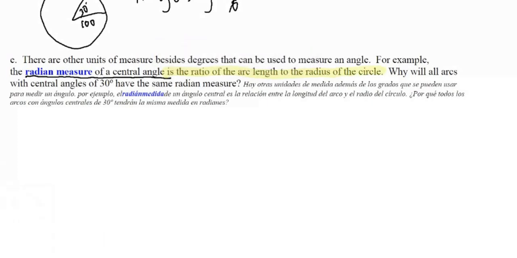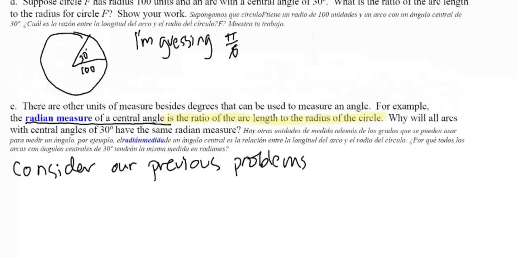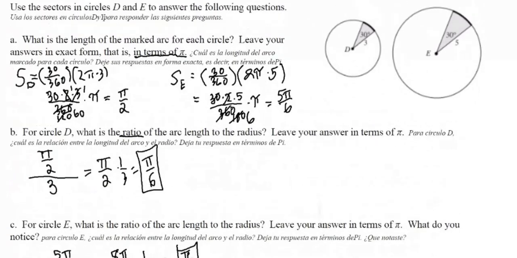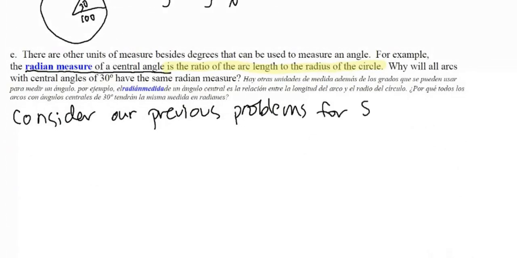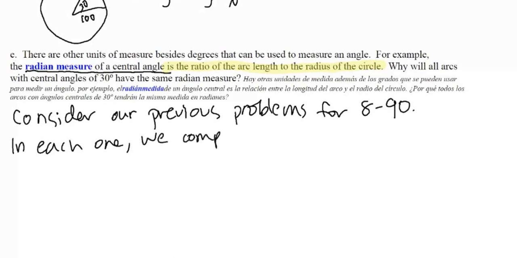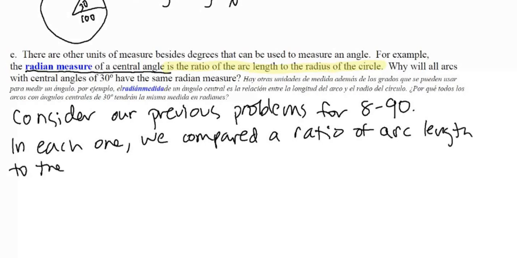Consider our previous problems, particularly the ones we've done within 8-90. In each one, we compared a ratio of arc length to the radius of a circle.